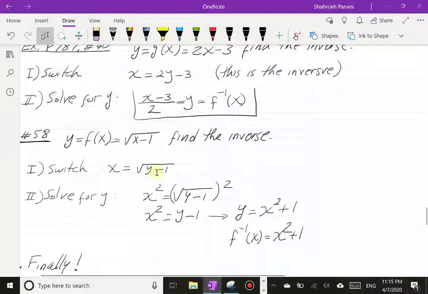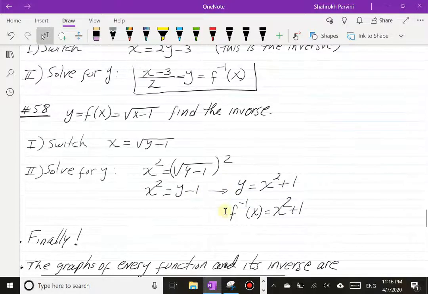Remember the power property or principle of equations. I'm going to raise both sides to the second power, square both sides. Squaring a square root will get rid of the radical. We'll get rid of the square root, which just gives you the radicand. And then we can solve for y. Simple. Add 1 to both sides, and this is the inverse function.